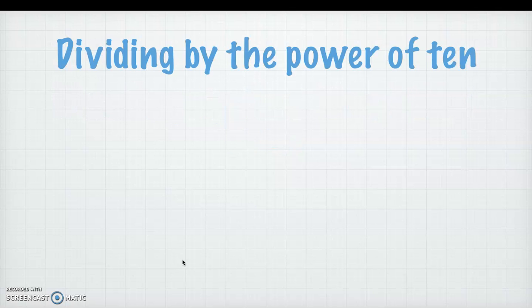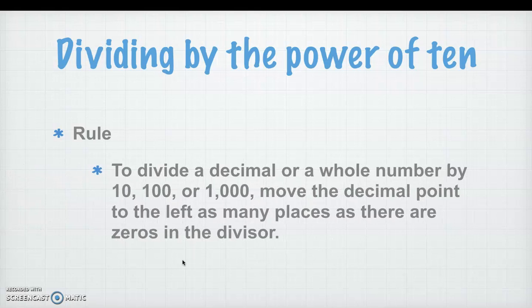So the rule, as you are dividing by the power of 10, says to divide a decimal or a whole number by 10, 100, or 1000, move the decimal point to the left as many places as there are zeros in the divisor. There is an additional rule in your book, and the rule would say that there is an imaginary decimal point at the end of the whole number.